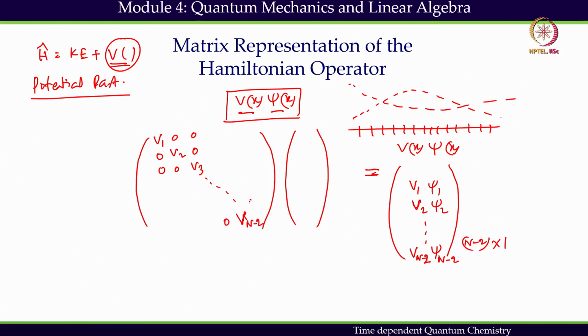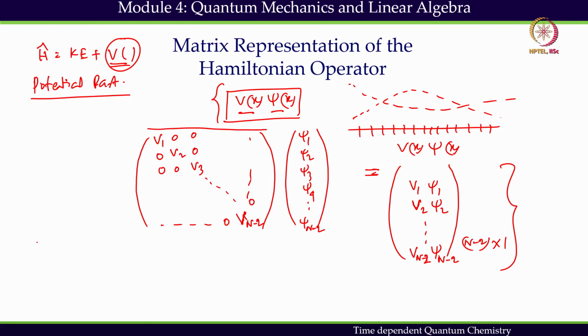So, this is 0, this is 0 in this way. And here we get ψ1, ψ2, ψ3, ψ4, ψ(n-2). So, basically we get back this element by element multiplication to get this scalar multiplication with the help of the potential operator. The potential operator in the end can be represented in a diagonal form.